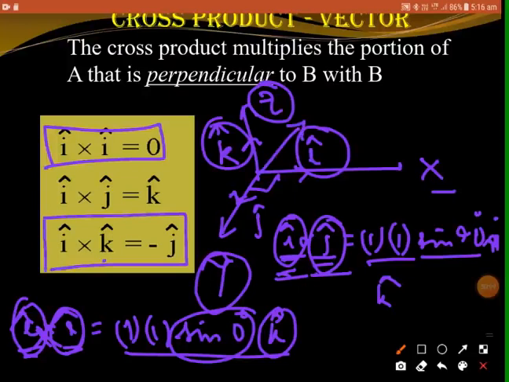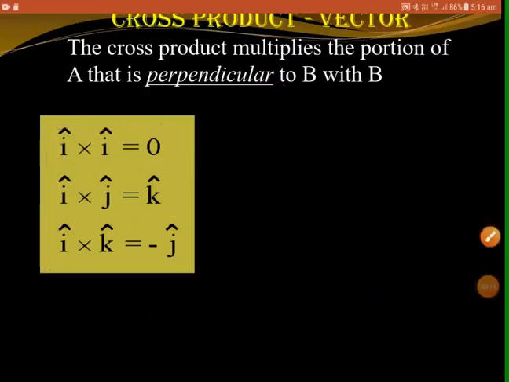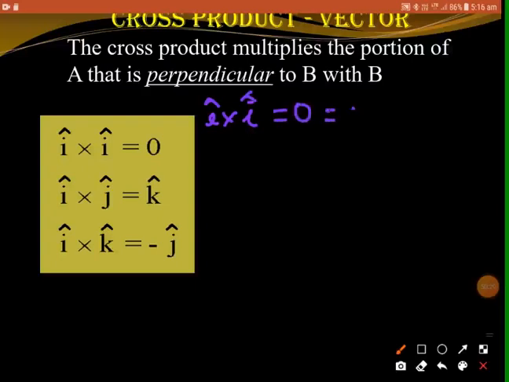So what is the mnemonic to remember this? If you are taking the cross product of the same unit vector with itself, then it will always be equal to 0. So it may be j cap cross j cap, or k cap cross k cap.